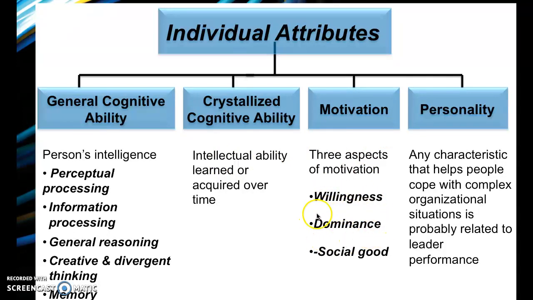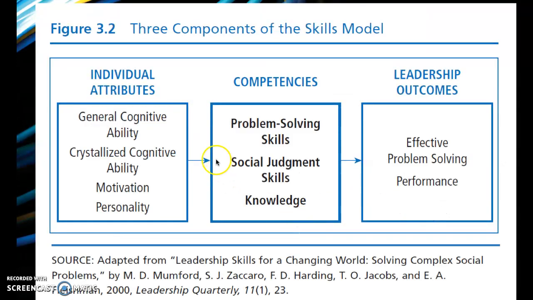How eager are you to have influence? And the good that you want to do, plus your personality characteristics. They put this together and said those individual attributes plus these competencies produce effective problem-solving skills and allow the leader to perform their duties.